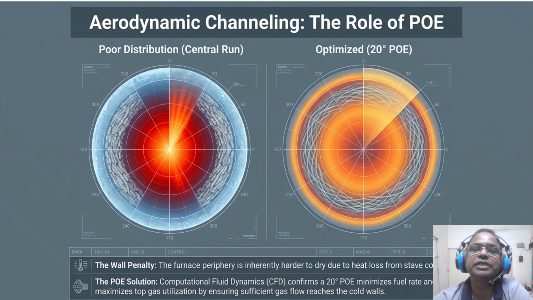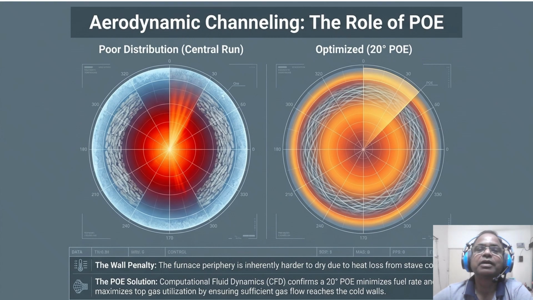The solution is the 20-degree peripheral ore enrichment. On the right, CFD confirms this POE forces gas flow to the periphery, ensuring the upper stack stays above the dew point. When we lose that temperature, we cross a lethal threshold.